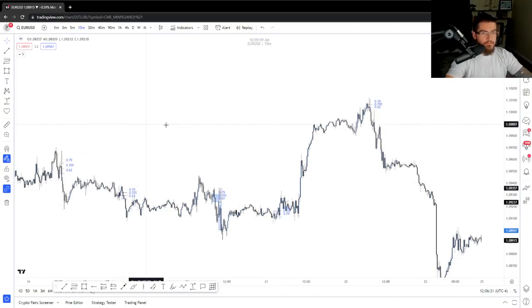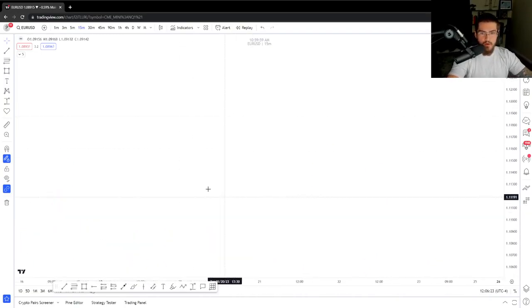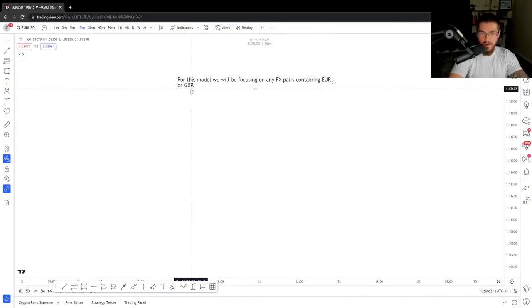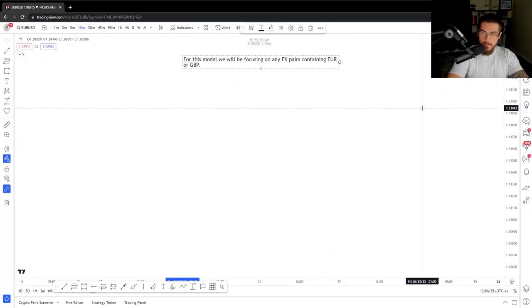So, for example, the first model we'll go over is the one in the London session, and you would want to be focusing on any forex pairs that contain euro or the pound, right? We could use literally anything that has that in the pair at all. So that's a lot of pairs. You don't really need much more than that. That's going to give you most of the pairs that most people trade anyways. I think have one of these in them.